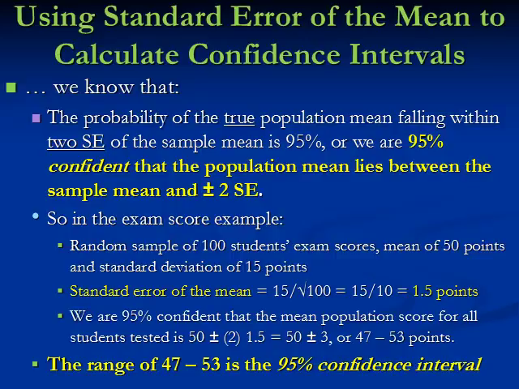So we have our 95% confidence interval that our mean population score for all students tested is 50 plus or minus 3 points, or 47 to 53 points. Now that's getting a lot more meaningful. We can say we're 95% confident that our population mean student score is between 47 and 53 points out of 100.